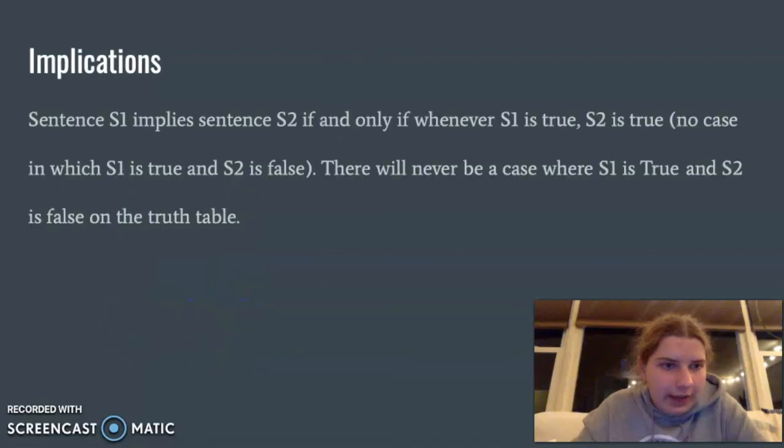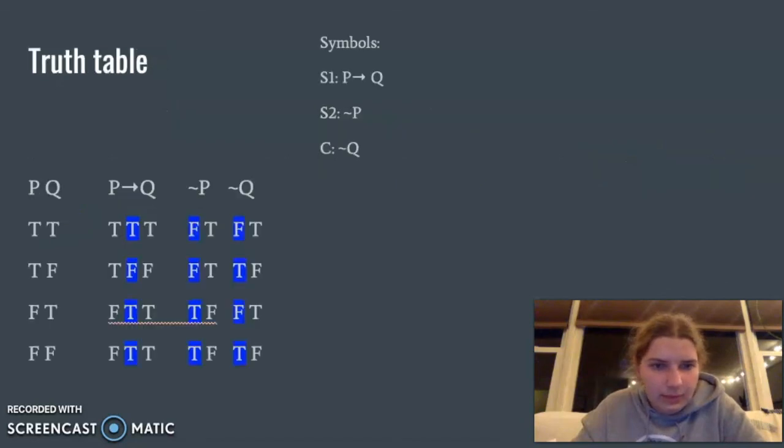Then we look at implication. S1 has to be true and S2 has to be true. With S1, S2 at true, false, we already see that in row 1, S1 does not imply S2.